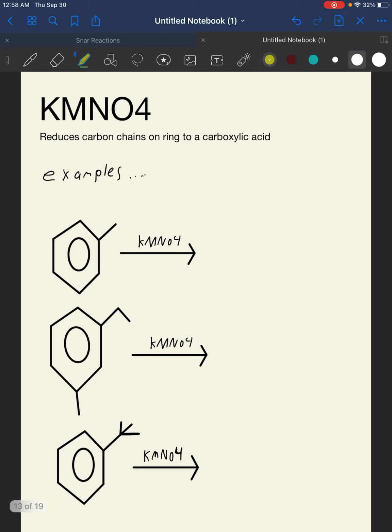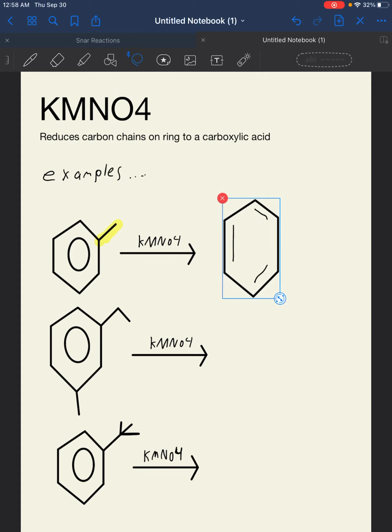KMnO4. What is KMnO4? Well, KMnO4 oxidizes carbon chains on a ring to a carboxylic acid. So how's that work? Say you have a methyl here, and it's reacted with KMnO4. All that happens is, I'm gonna draw my benzene ring out.